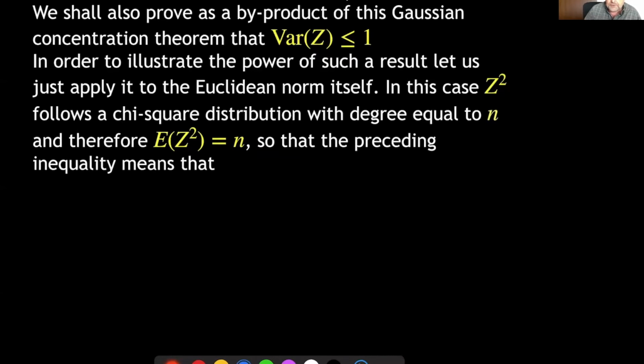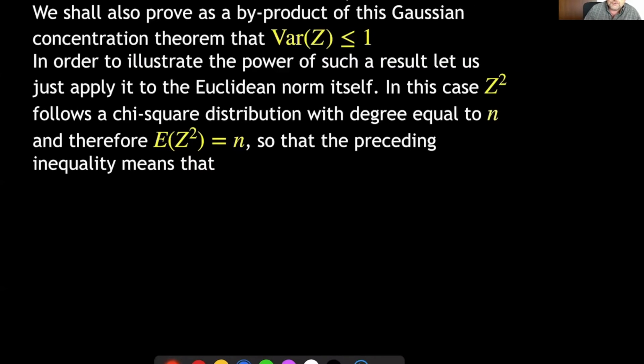And in order to see the power of this result, just think about the easy example where you consider as a Lipschitz function the Euclidean norm itself. In this case, the variable z square follows a chi-square distribution with n degrees of freedom, and so we can compute explicitly this expectation of z square, which is equal to n.